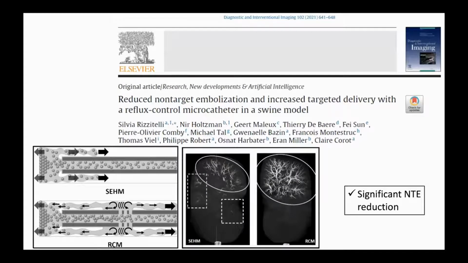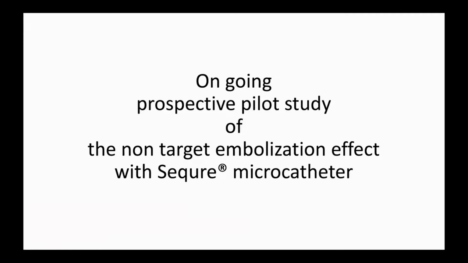A first preclinical study showed that the use of that type of microcatheter reduced the non-target embolization here in the kidney of the swine. So we decided to start a prospective pilot study on the evaluation of the non-target embolization effect with the secure microcatheter.